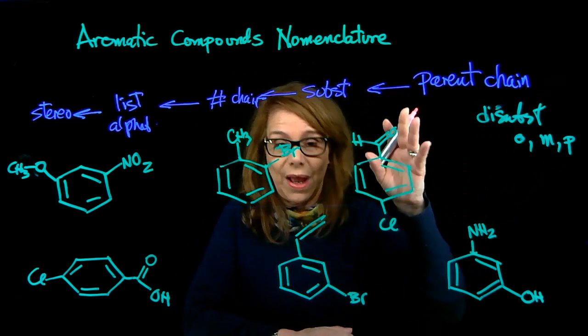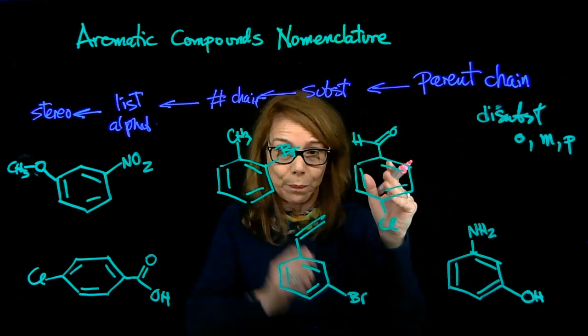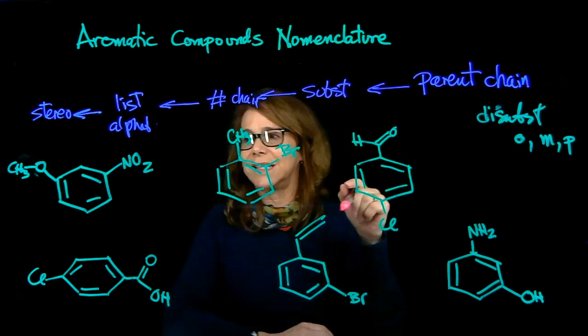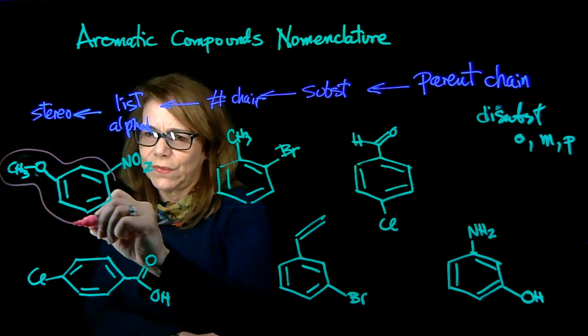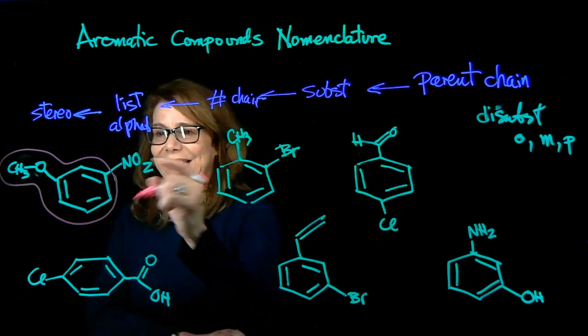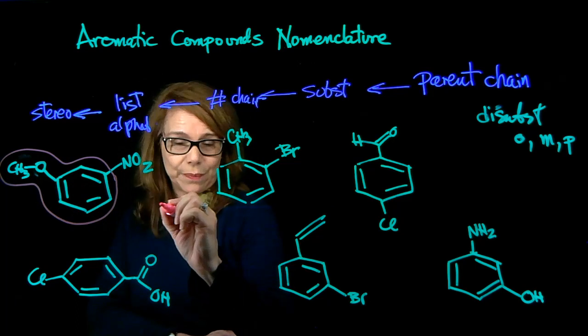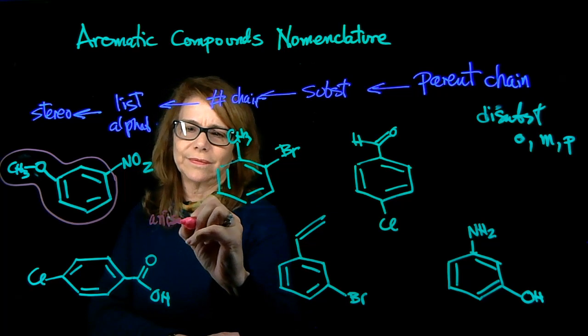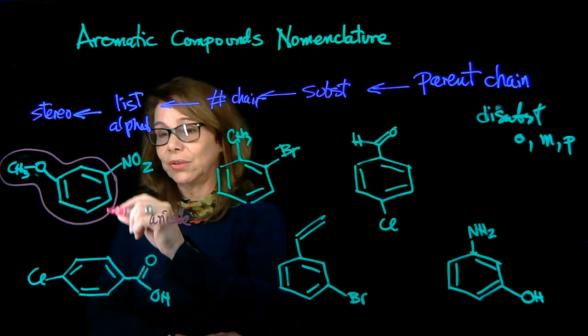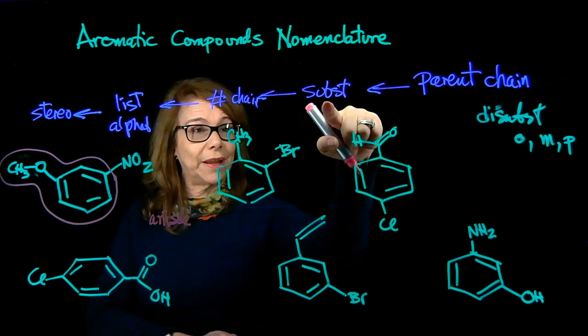And it's going to be one of these derivatives of mono-substituted benzene. So here, if you see this one that I'm highlighting, that is anisole. So that's my parent chain. My first step is to write anisole. And then I'm going to look at where the substituent is. So name the substituent.